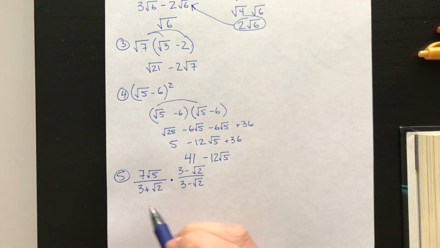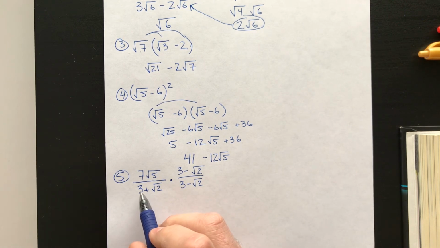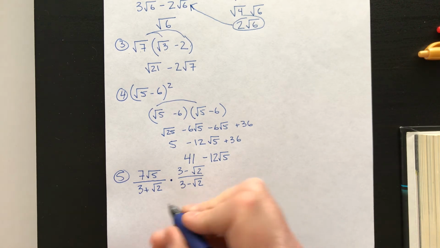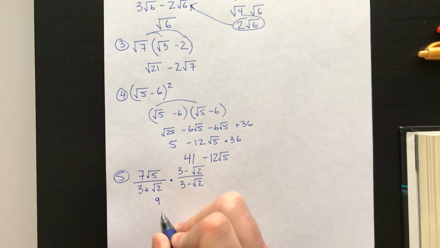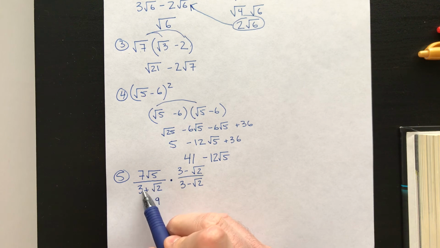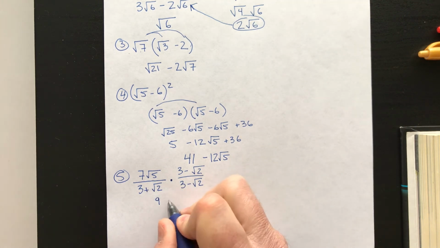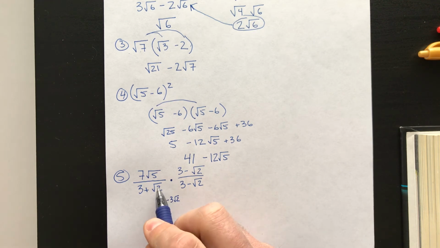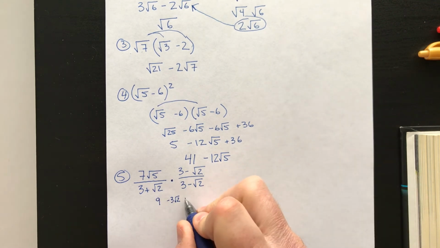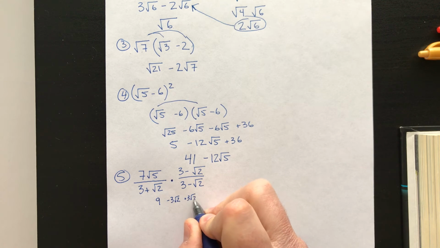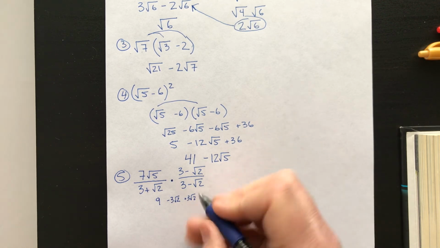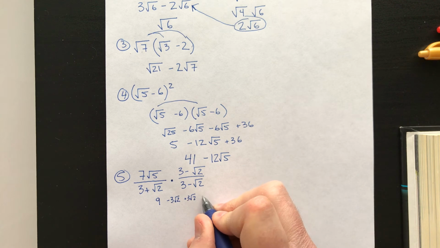Because what happens here, if we were to FOIL this, 3 times 3 is 9. And then 3 times a negative square root of 2 gives you negative 3 root 2. And then we have square root of 2 times 3, which is a positive 3 root 2. And then square root of 2 times the square root of 2 is the square root of 4, or just 2.